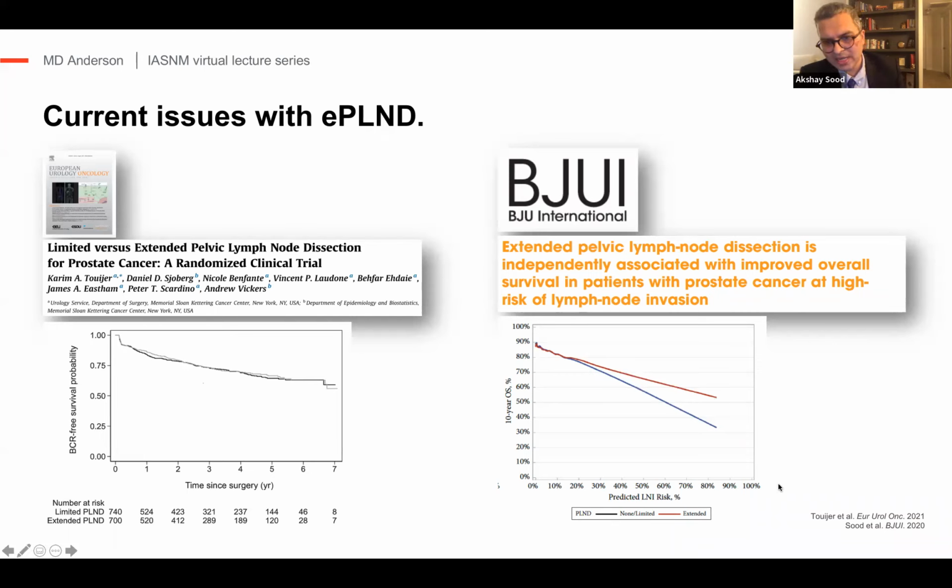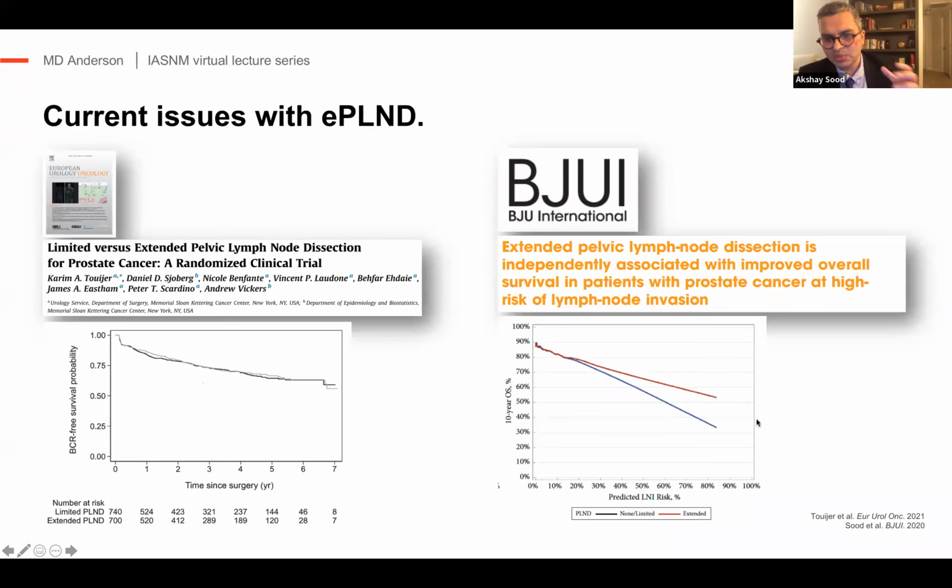So we performed an analysis, and as you can see, based on the Godoy nomogram, as the predicted lymph node invasion risk went up, comparing extended lymph node dissection versus limited or no lymph node dissection, once you hit this 20% mark, you start to see a divergence in the curves.